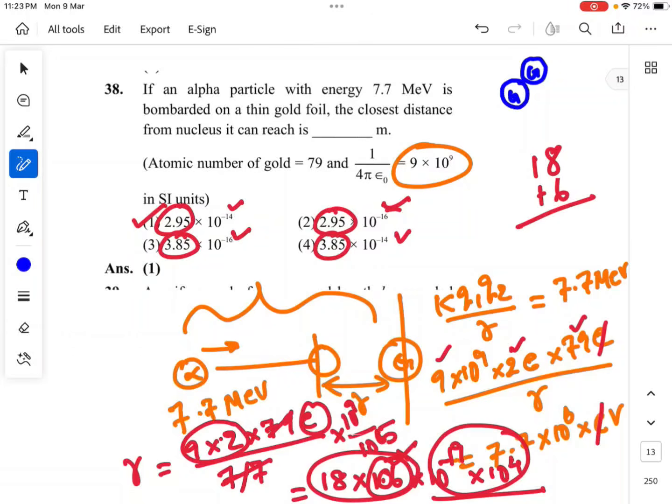Let us say you have four gold atoms like this, and the alpha particle may approach like this, that is, towards the midpoint of these four gold atoms. Now, that might lead to the nearest possible distance. That's a thinking point, and that is not taken care of.